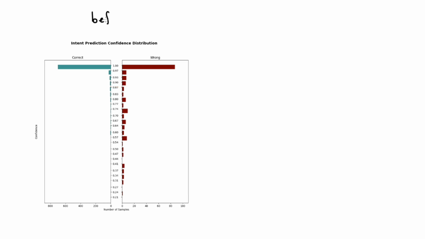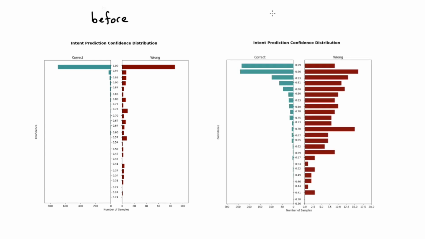So this was the before scenario, and what I can do is compare this to using a confidence value that's based on the cosine distance, as opposed to something that's been normalized beforehand. So here is the same chart, but for the cosine distance confidence measure.